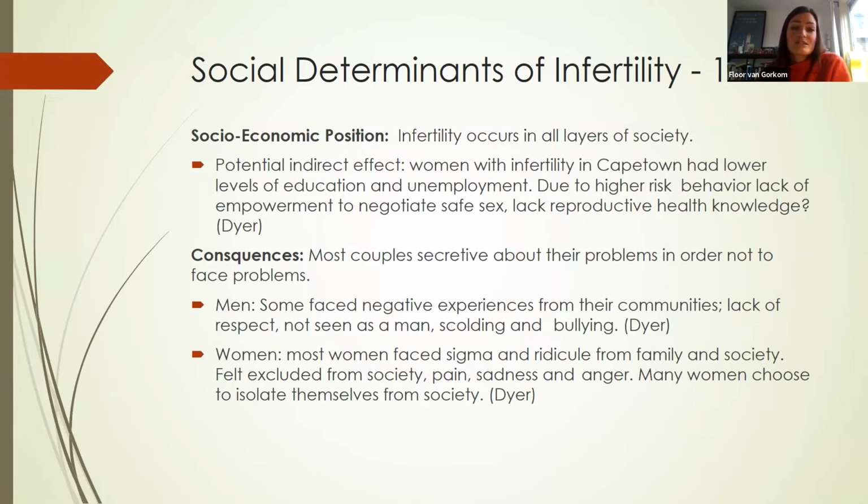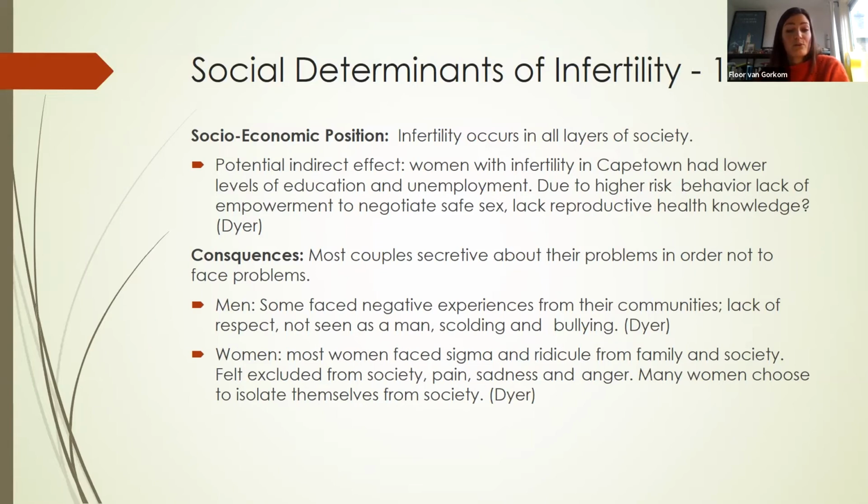Then infertility also has many consequences on one's socioeconomic position, because many people are secretive about it due to high levels of stigma. Men report that they face very many negative experiences from their communities, lack of respect, they're not seen as a real man, and they face lots of bullying.